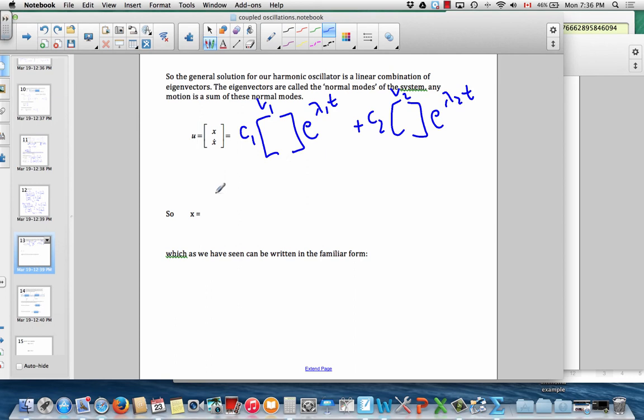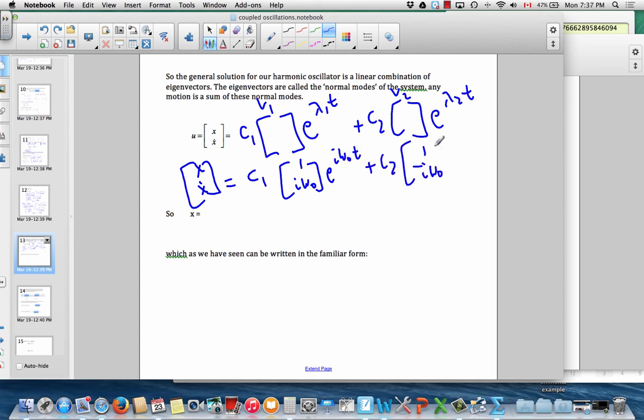So if we put that in there, remember, this eigenvector was 1, i omega naught, and the first eigenvalue was i omega naught. The second eigenvector is 1, minus i omega naught, and this was minus i omega naught t. The top element gives us the position x. The second element gives us x dot, the velocity.